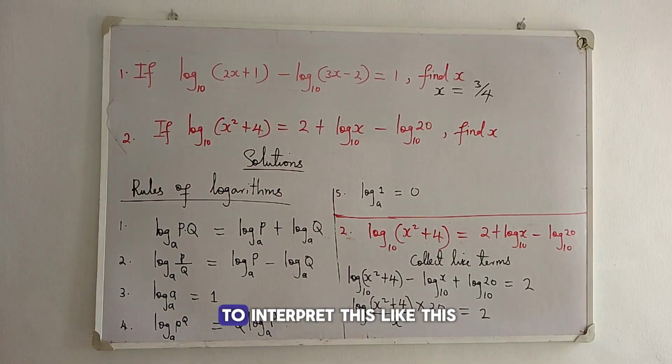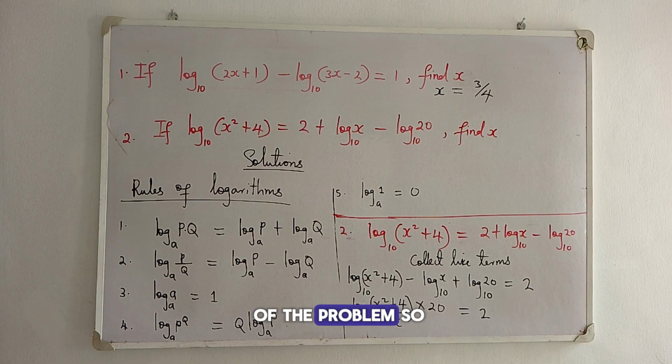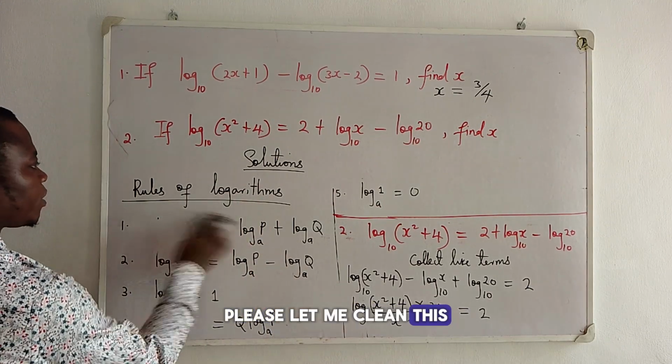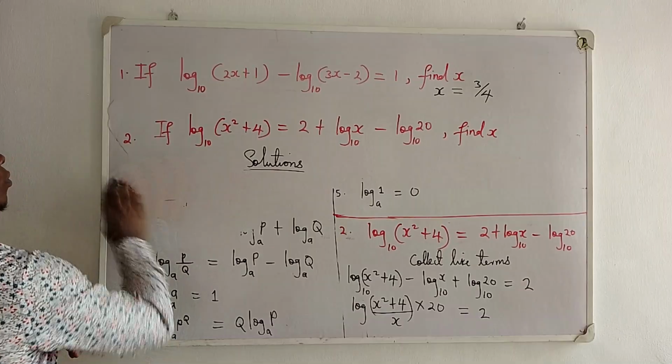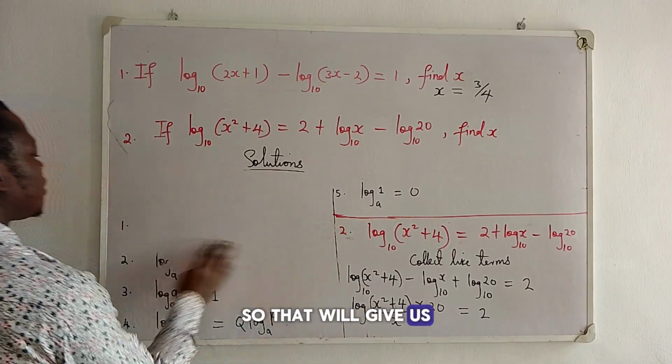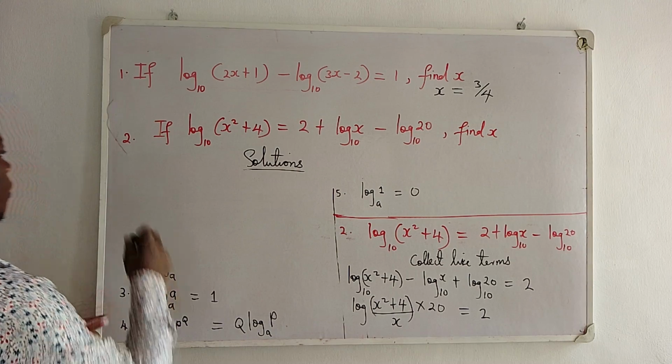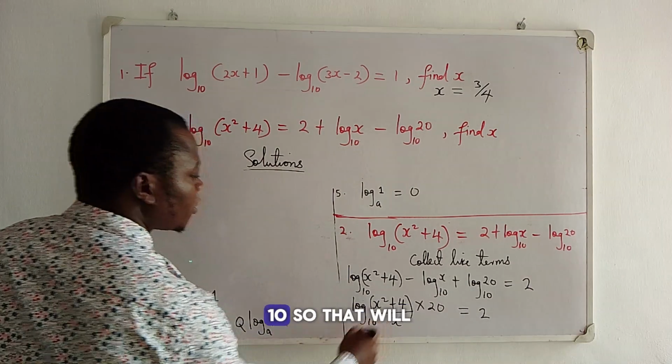Once you are able to interpret this like this, then you've solved half of the problem. Please let me clean this. Remember this is base 10.